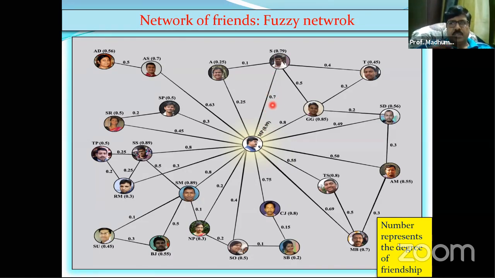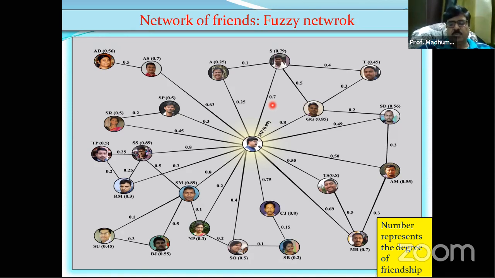So it generally happens that we are not interacting between any two people, in general, for all times, throughout the day or throughout the month or throughout a particular time interval. So we measure the amount of interaction to determine the edge membership value. So the edge is not certain.